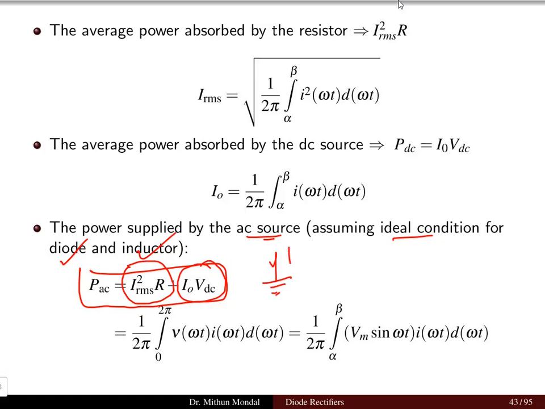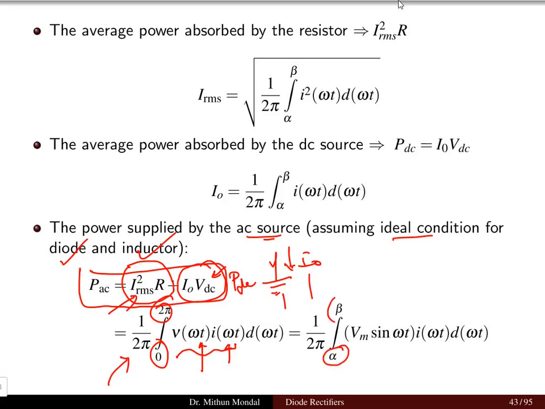So whatever the battery we have here, the current flowing is I0. So I0 and Vdc give you the DC power, and I RMS squared into R will give you the AC power. This we can also obtain as the product of voltage and current with respect to omega t, integrating from 0 to 2 pi with the factor 1 by 2 pi.